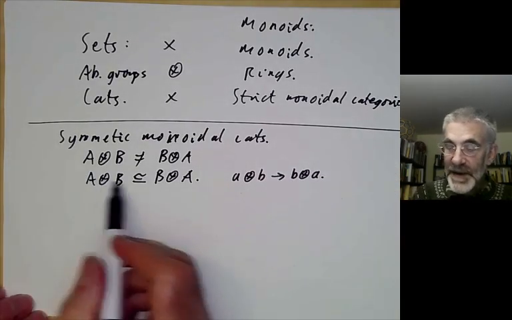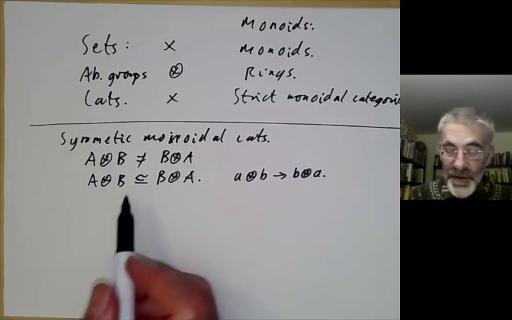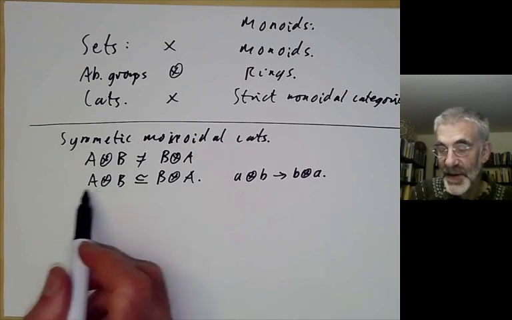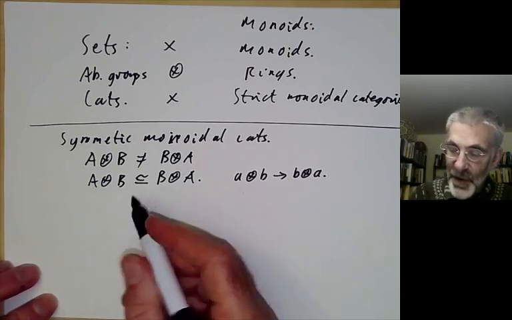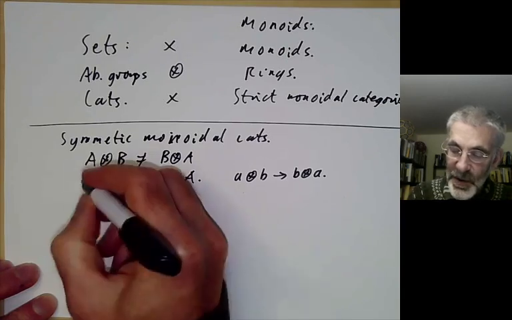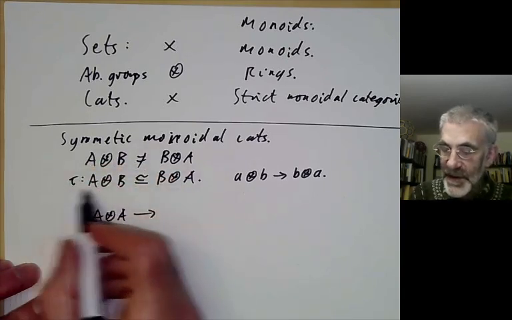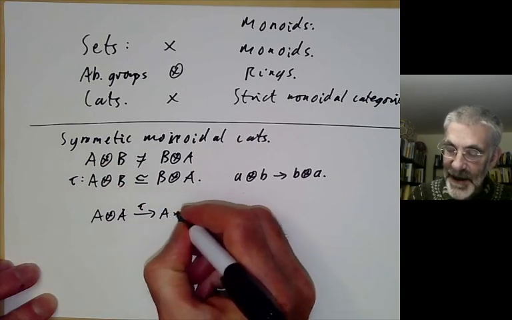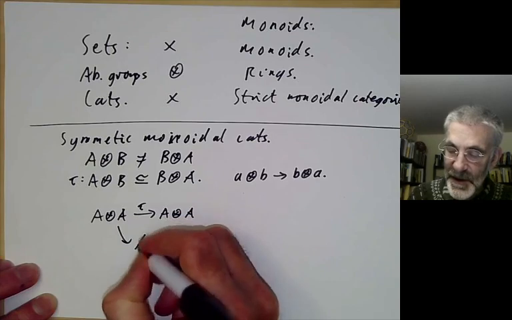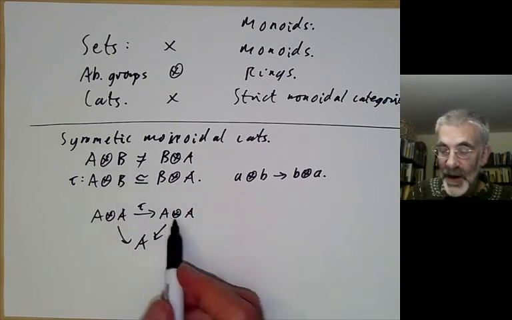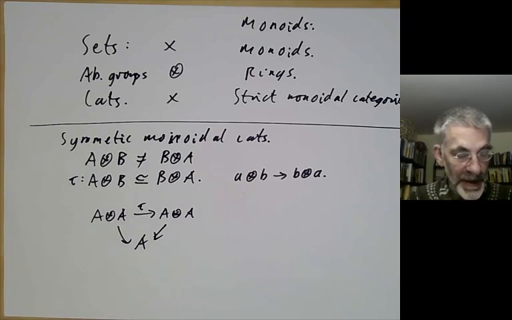And if you've got this isomorphism, you can now use it to define things like commutative monoids and commutative rings, because if you want to define the monoid to be commutative, you say A tensor A, and let's call this map T, the switch map from A tensor A to A tensor A, you want this diagram to be commutative and so on. So if you've got this extra structure, you can now define commutative objects.